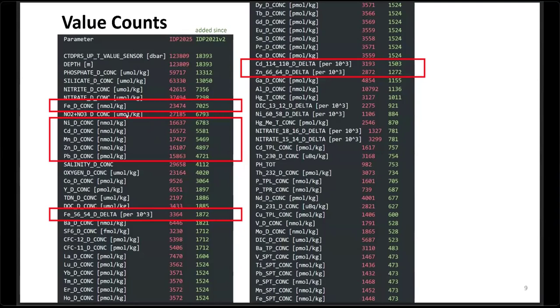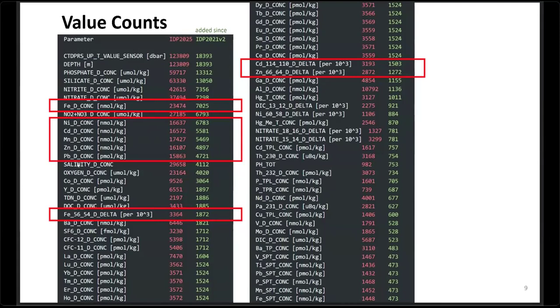And you see quite prominently dissolved iron with more than 7,000 new data values, now making it up to 23,000, almost 500 values altogether.